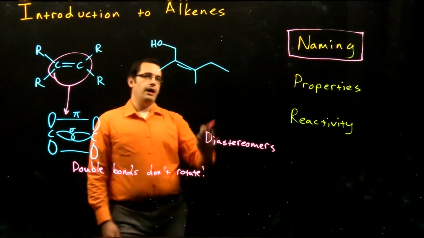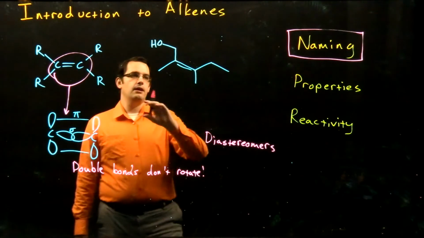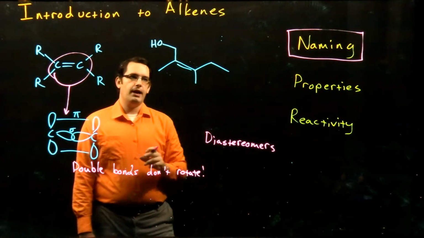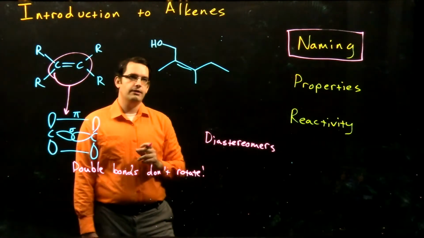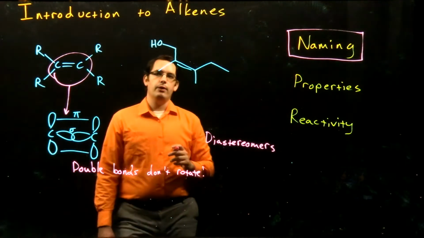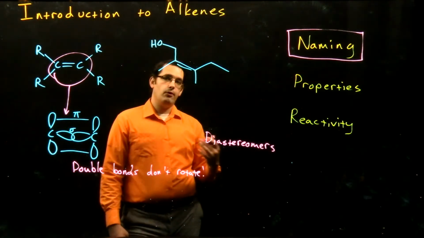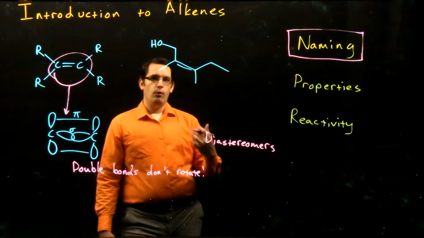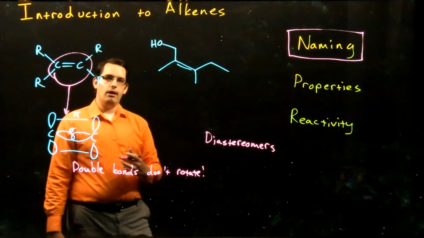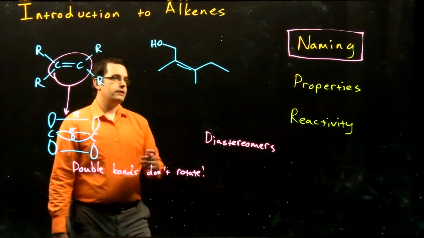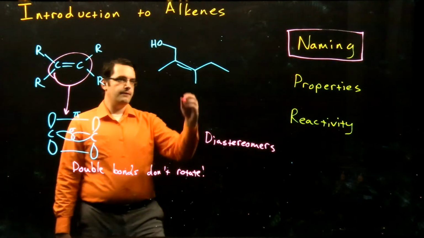So in this case, we have our 4 bonds to carbons coming out on either side of our double bond. And we are going to have to rank the bonds according to priority, similar to when we're naming our enantiomers, in order to determine whether it's cis or trans.